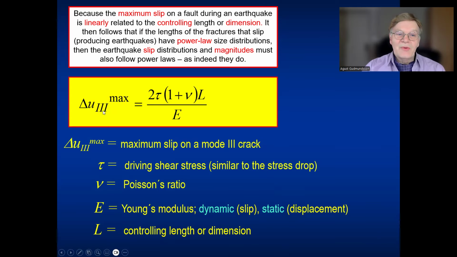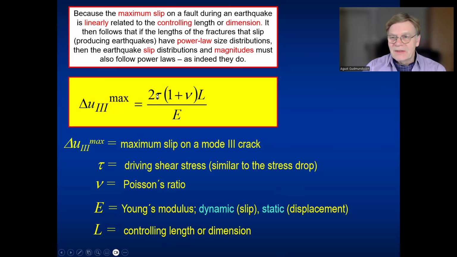This delta U3 max sounds a little bit complex. This simply means that we are modeling the fault here as a so-called mode 3 crack. Some of them are modeled as mode 2 cracks, and joints would be modeled as mode 1 cracks. But for this fault here, we take an example of mode 3 crack with a maximum displacement.